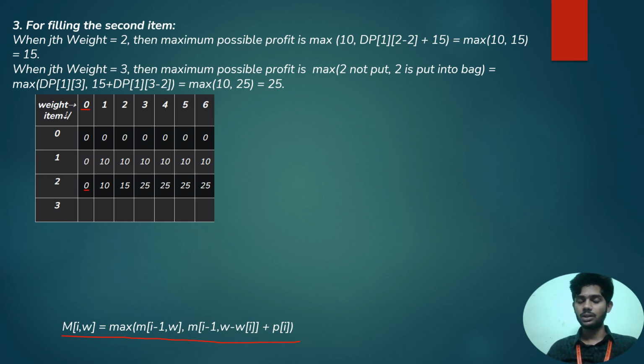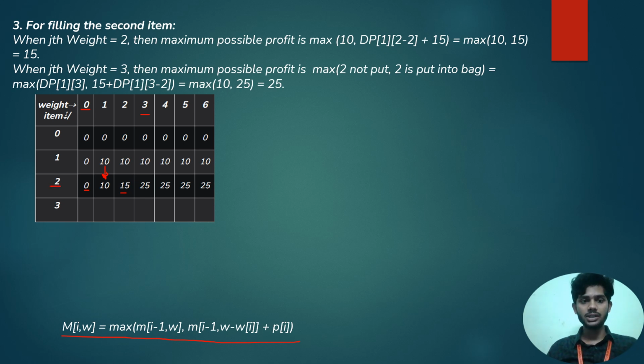Then the bag capacity is 1, but the item weight is 2, so we cannot insert, so we just take the profit 10 from the previous row. Now the bag capacity is 2 and the weight of the item is also 2, so we can insert, so the profit is 15. Now the bag capacity is 3 and the item weight is 2, so we can insert.